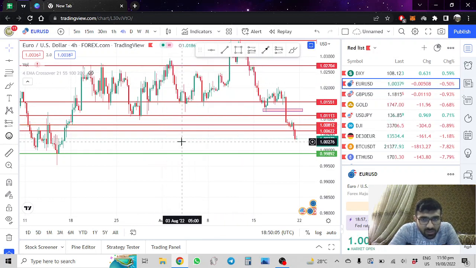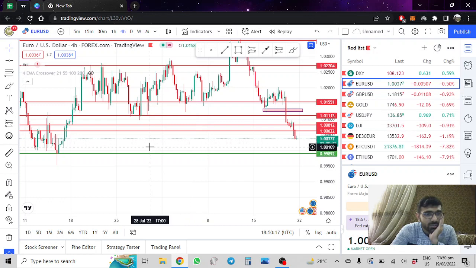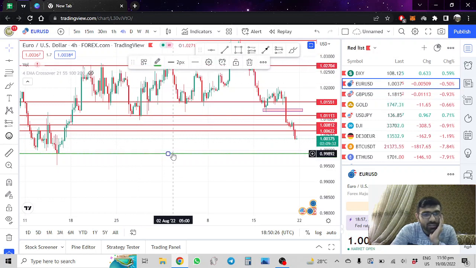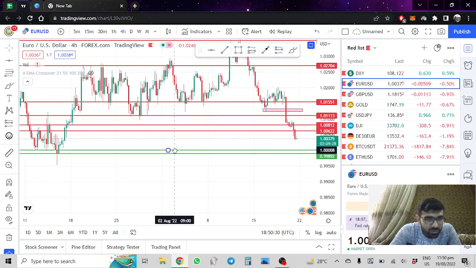So this is an area of resistance, and I am expecting this Euro to go further down. The scenarios that might come into play are this, and this is another area of support. Let me mark this area as well, that the market rose from here previously, once and twice.